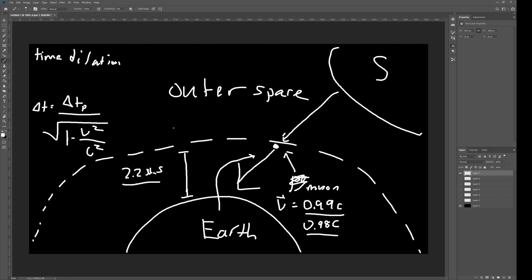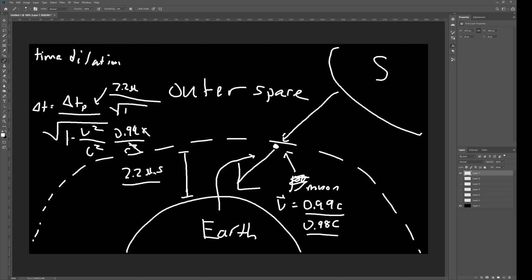Now, this equation is pretty neat because if we have, let's say, 0.99c here, and we plug it in, we just get 0.99 over c, which is pretty cool. It's an easy simplification.